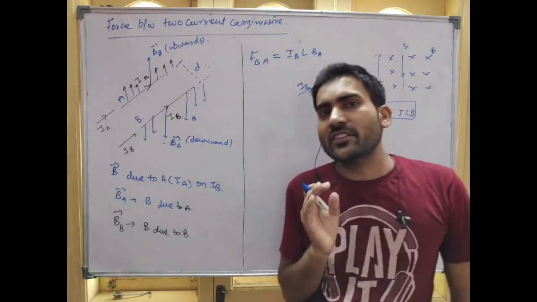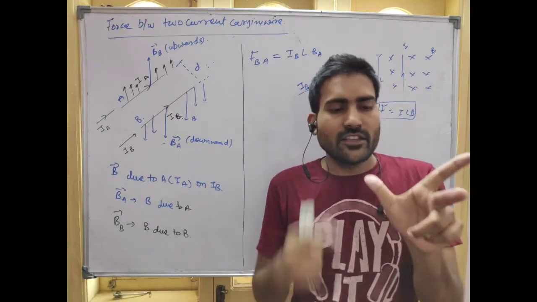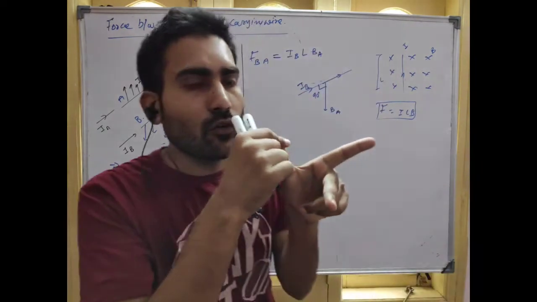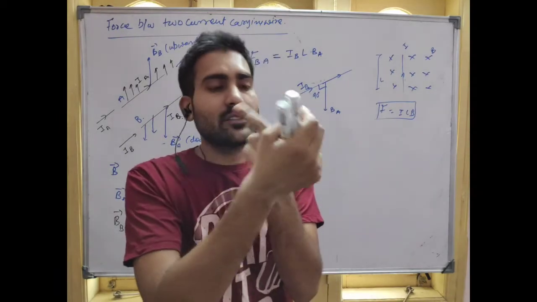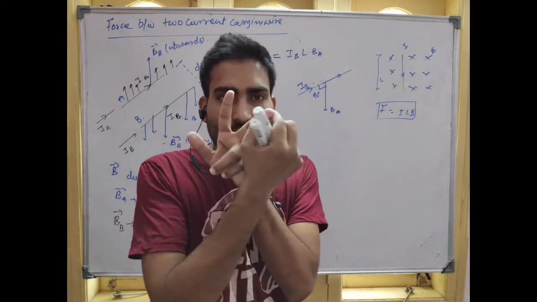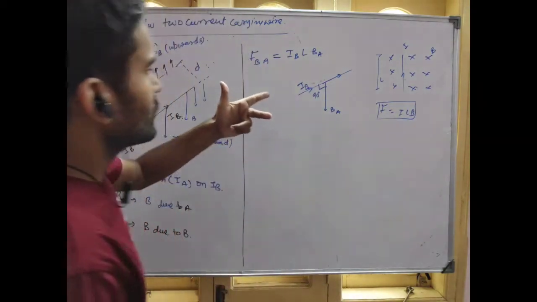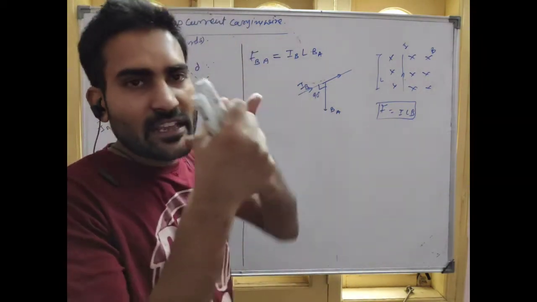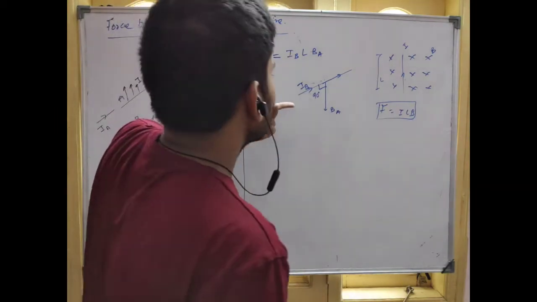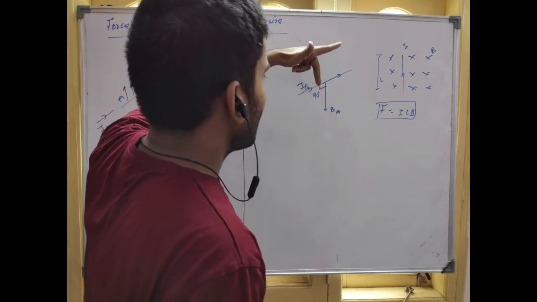We know that the direction we will decide by Fleming's left hand rule, right? The thumb will represent force. The index finger will represent the magnetic field. The middle finger will represent the current. So place your index finger in the direction of the magnetic field like this.